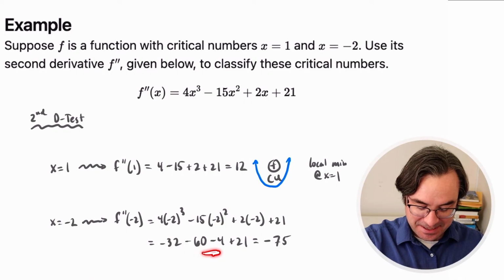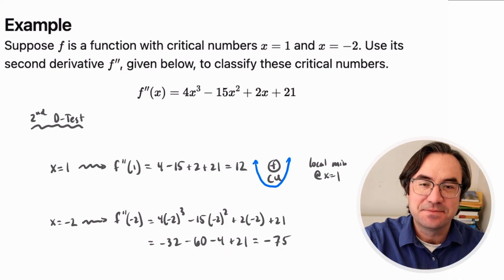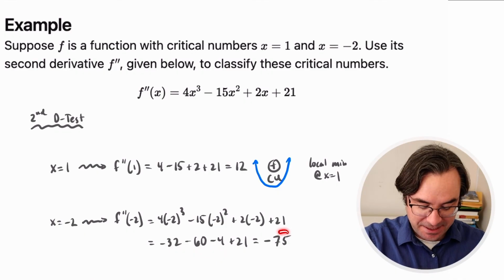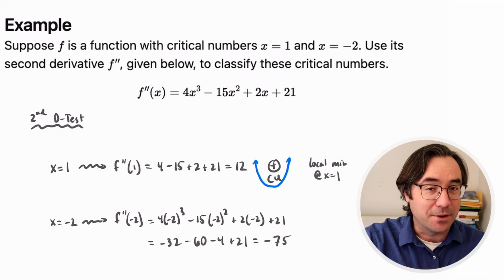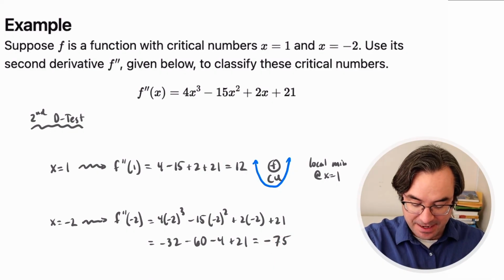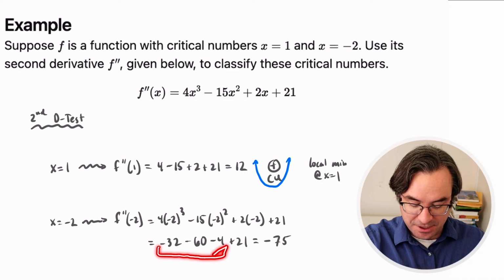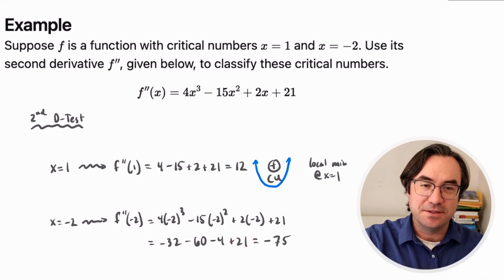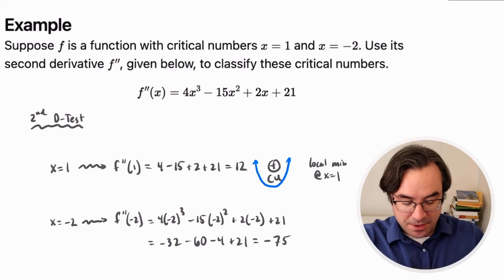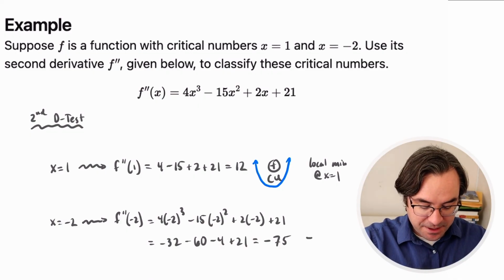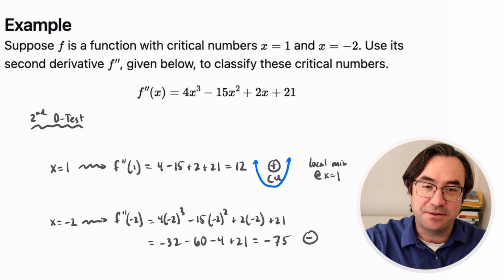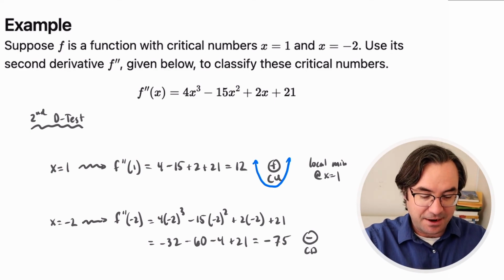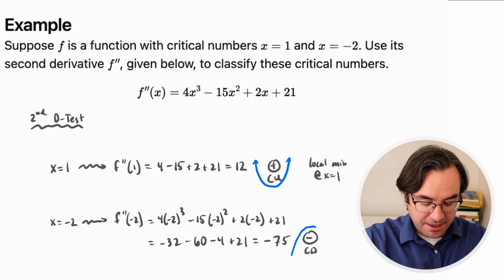And then, yeah, I think that's good. In any case, we don't really care about that number. We just care about the sign. And all this stuff is definitely going to be bigger than positive 21 in terms of size. So the story is, this is negative. Negative means concave down. Draw the concave down shape.